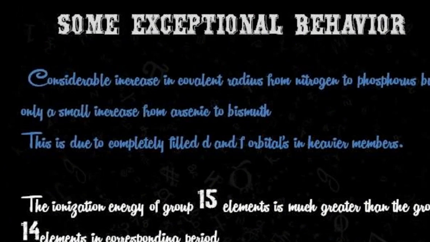There are some exceptions, as we know that the covalent and ionic radii increase in size down the group, but there is a considerable increase in the covalent radii from nitrogen to phosphorus.